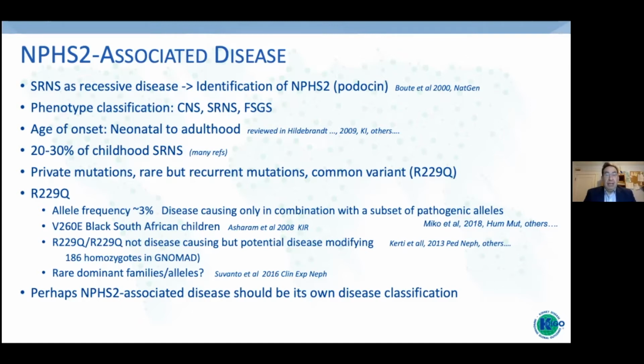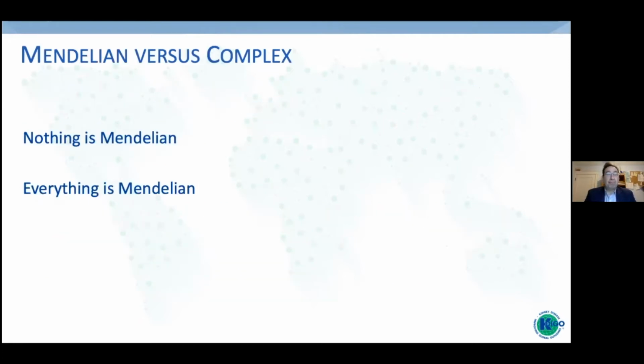All these entities share a common genetic basis, a common etiology, and probably, even though the spectrum of disease can be variable, they may end up responding to similar therapeutic approaches.